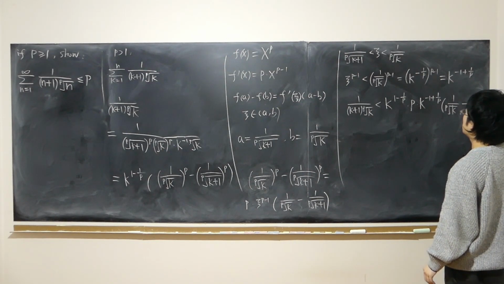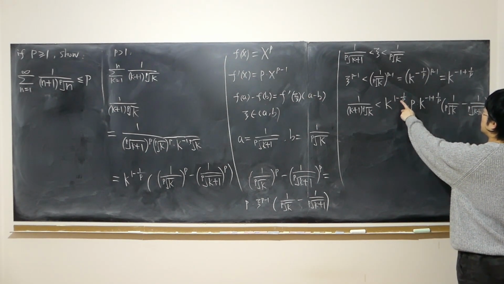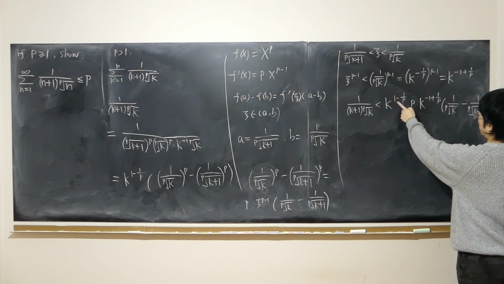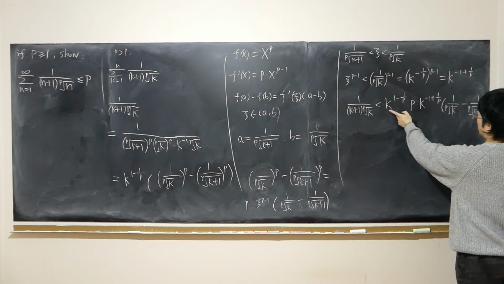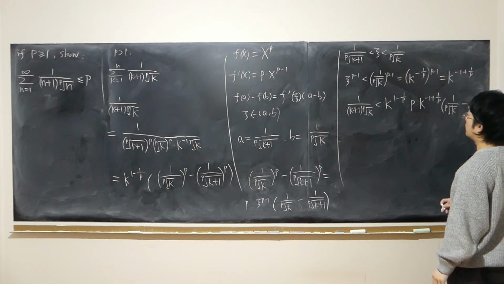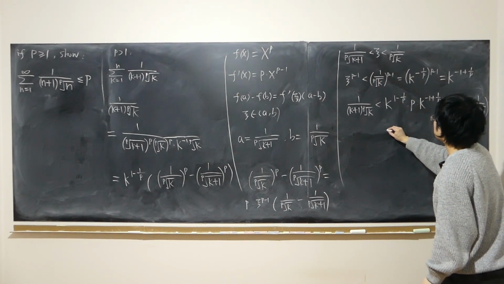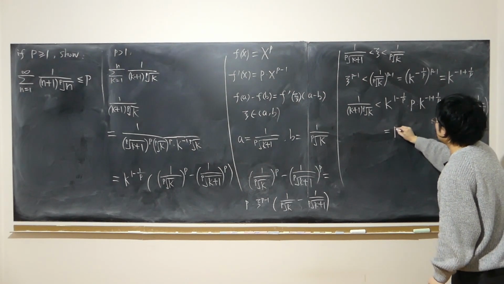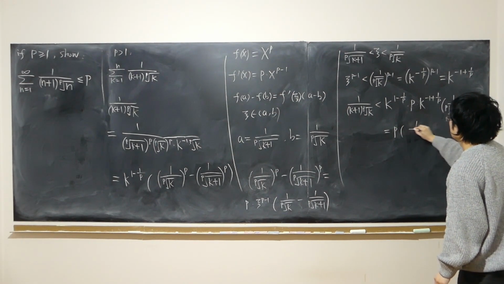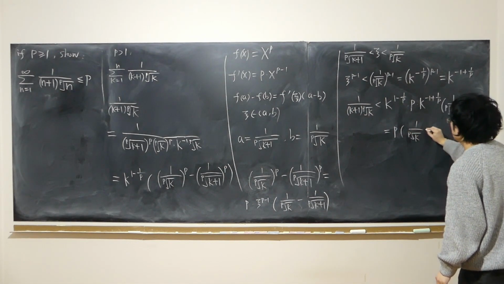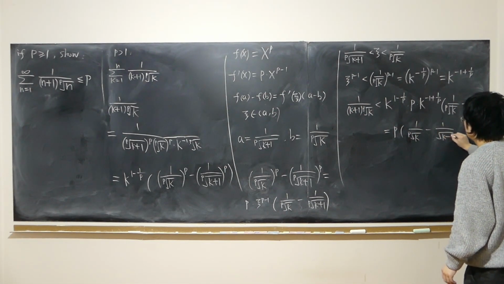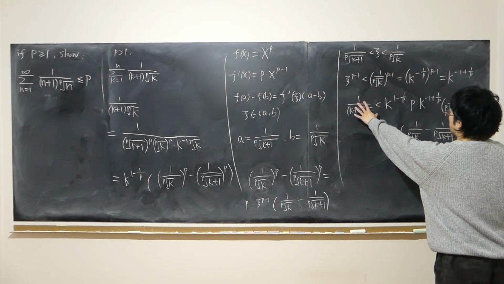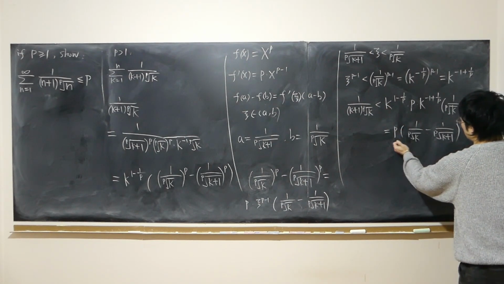So k to the power of 1 minus 1 over p, k to the power of minus 1 plus 1 over p, right? They can just cancel out, right? Becomes k to the power of 0. That is just 1. So that is equal to 1 times p times this, right? So p times this. So my general term is strictly smaller than this.